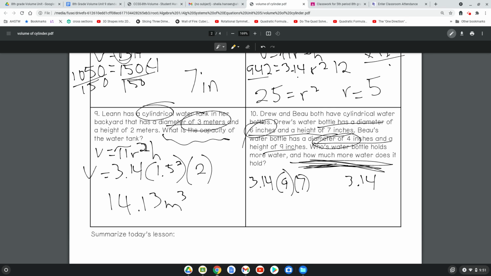And we're doing squared, so that's 4. And then the height is 9. So you need to multiply these numbers, and you need to multiply by those and those numbers. And then you should find out when you subtract them that Drew's water bottle should hold 84.78 cubic inches more. Drew's.